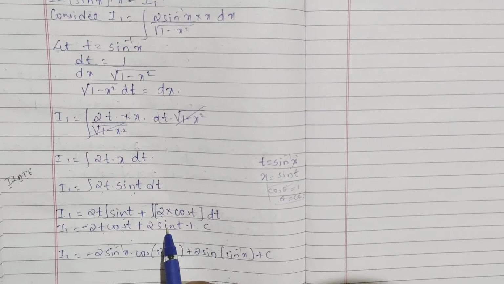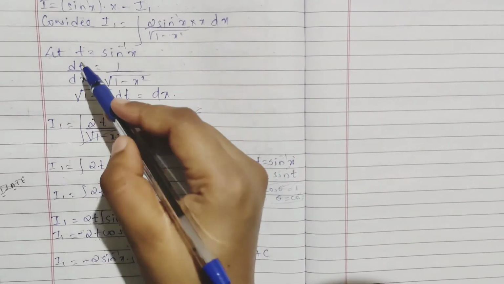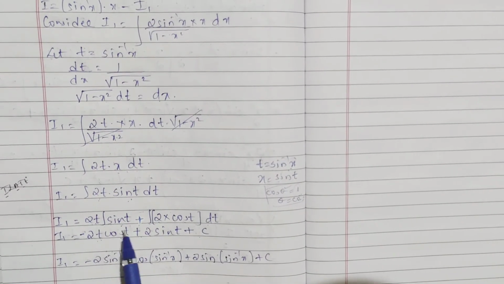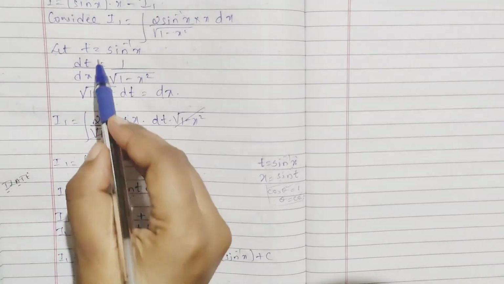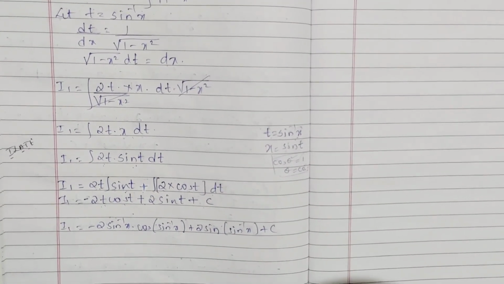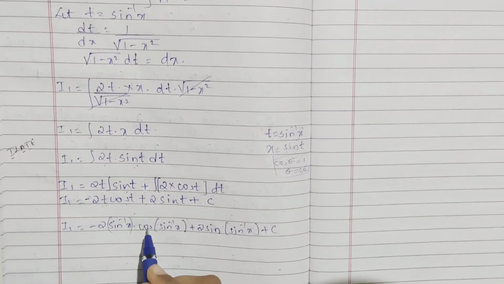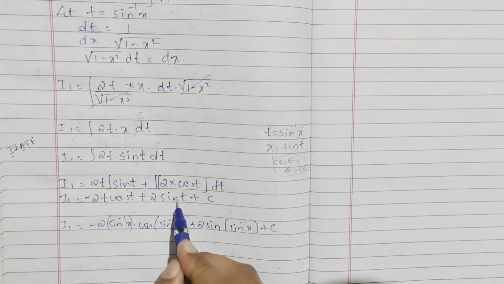Sin t plus c. Now after coming to a point, please don't forget you have taken the substitution method. So you have to replace your t. What is your t? Sin inverse x. So wherever t is there, just replace it with sin inverse x. So minus 2 sin inverse x into cos of sin inverse x plus 2 sin of sin inverse x plus c.